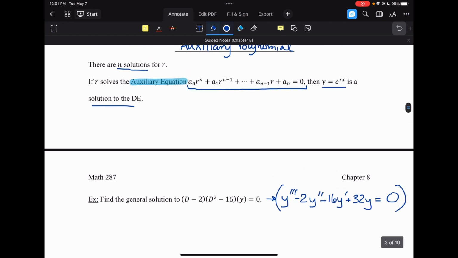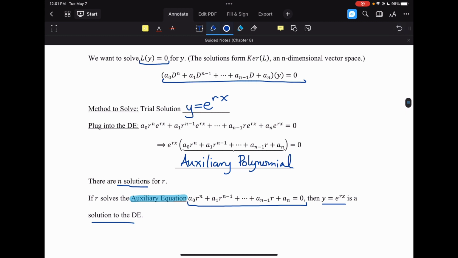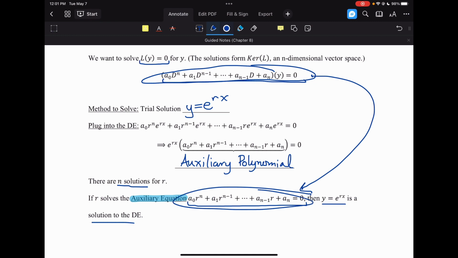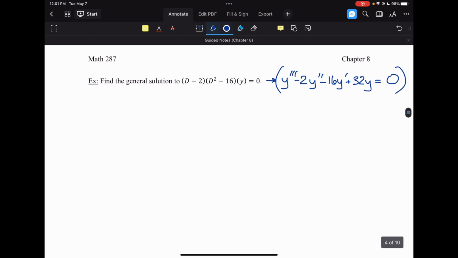So this equation gets translated into this equation, where D to the n becomes r to the n, D to the n minus 1 becomes r to the n minus 1, etc. So all we need to do is turn these into r's. So we get r minus 2 times r squared minus 16 equals 0.